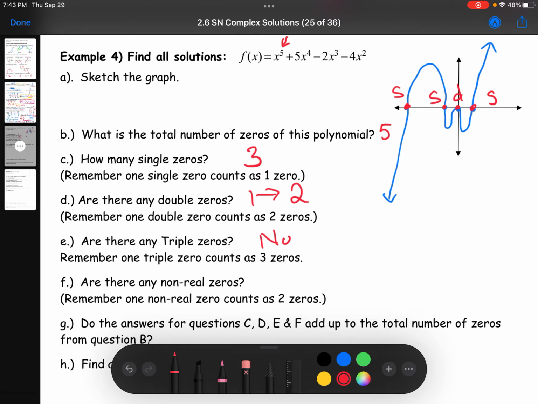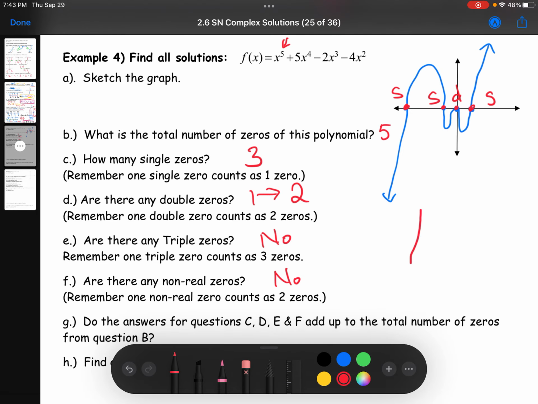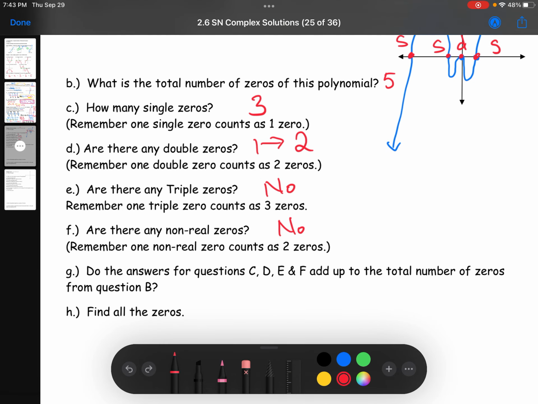We have 1 double that counts as 2. We have no triples. And this already adds up to the 5 roots we need, so there's no imaginary. We already had 5 roots with these singles and doubles.